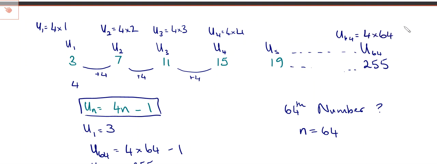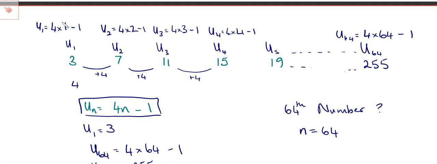I am saying it the other way around. However, that doesn't quite do it, does it? What adjustment do we need? So it's 4 times 1 would be 4, but I need 3, so it's minus 1. 4 times 2, but minus 1. 4 times 3, but minus 1. 4 times 4, but minus 1. 4 times 64, but minus 1.